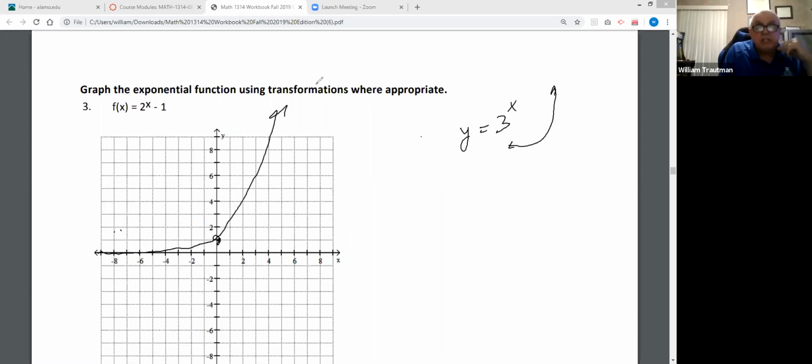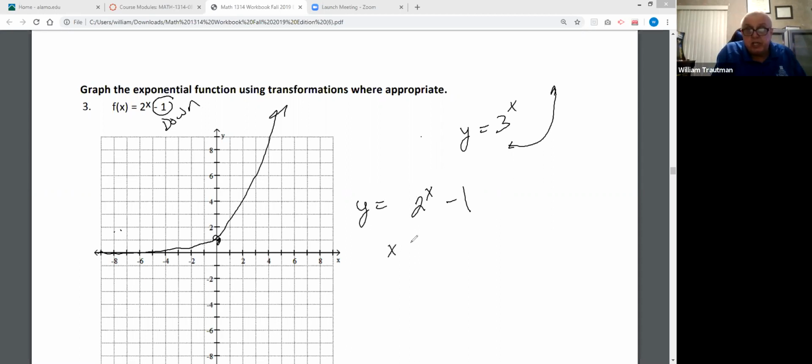Now, what they want you to see is that the other transformations, a -1 on the outside, should move this graph down one spot, right? A -1 on the outside should move it down. So let's do this graph, 2 to the x minus 1. That -1 is not a power. It's outside of it.